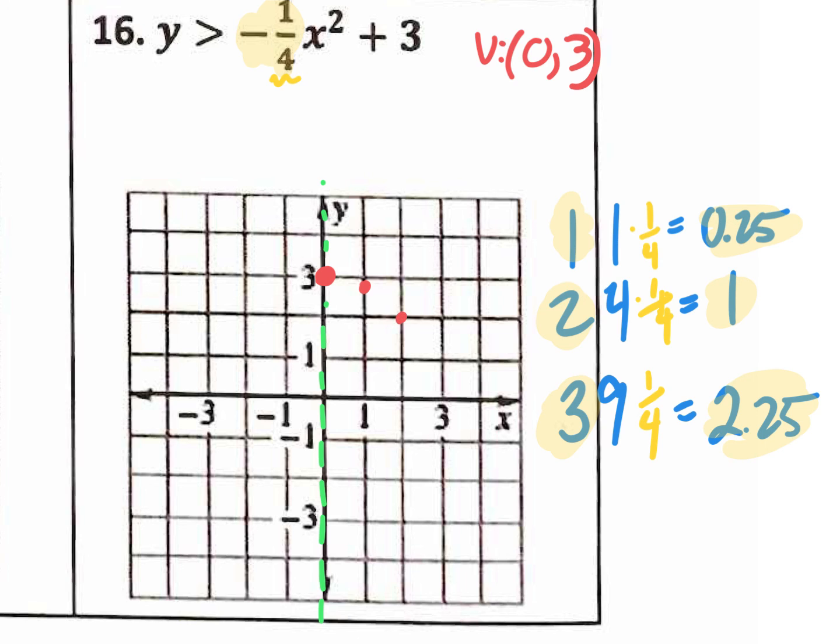And we're going to go back to the vertex and go 3 over, 1, 2, 3, and 2.25. That's only a quarter of the way past 2 down. So that would be right there. Map them over to the other side. And you have your parabola.